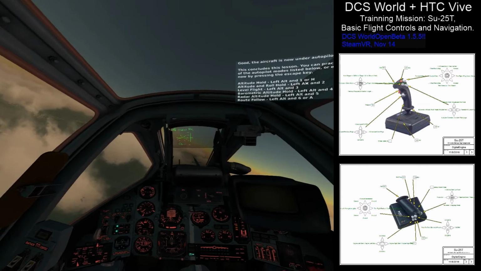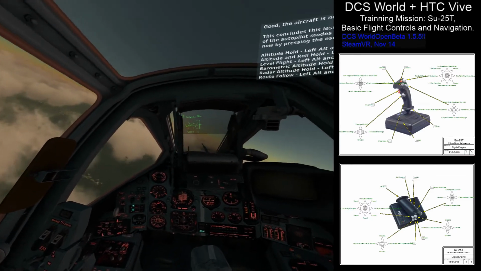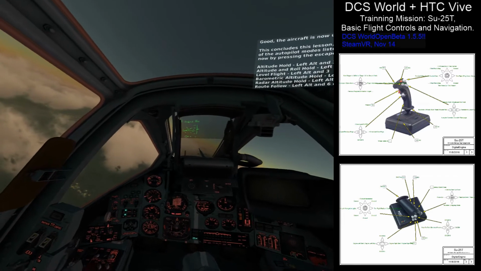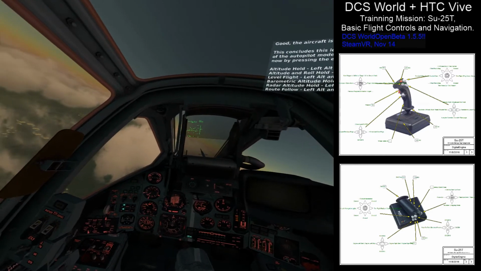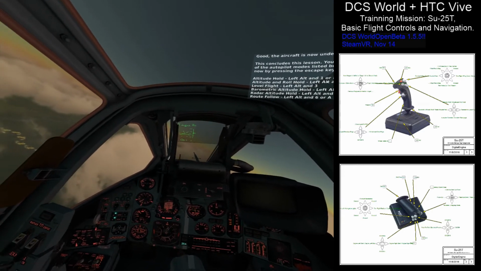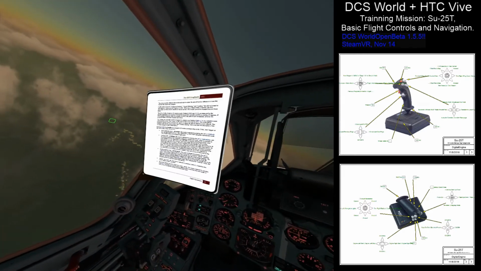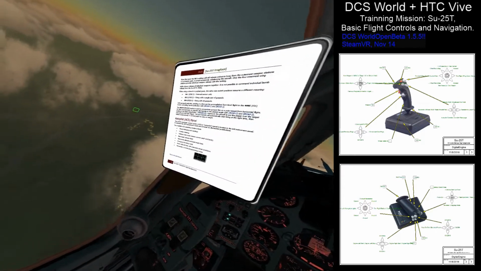Now we are in barometric altitude and roll hold. And as you can see, it's similar to attitude, but instead of holding a set pitch, it holds a set barometric altitude. We go back to our manual and we see it here.